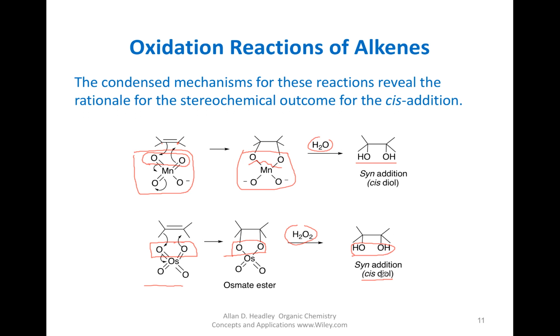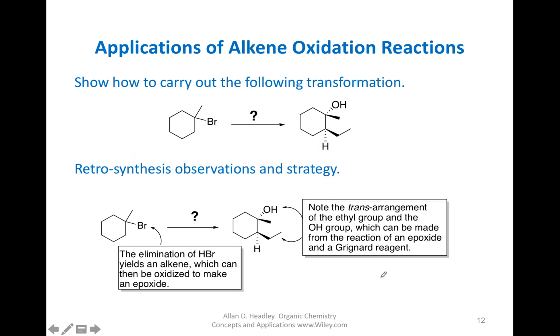So let us see if we can apply what we have just learned here to the synthesis of this molecule. So here's your starting material. Here's the target molecule. Notice the stereochemistry. Dash and wedges.